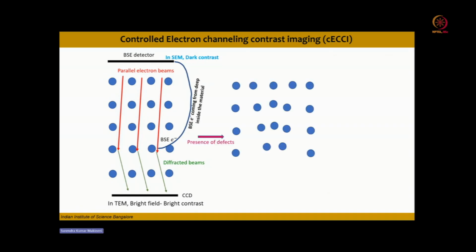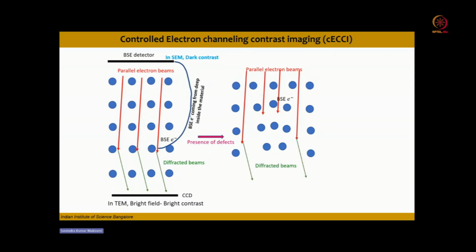Now, if there is a presence of a defect in the crystal lattice, correct? On the left side, the beams which are falling on the crystal lattice are producing the backscattered electrons and are detected by the backscattering detector. This is called channeling of the electron beam. Now assume that there is a presence of a defect, and this parallel electron beam travels across this crystal.